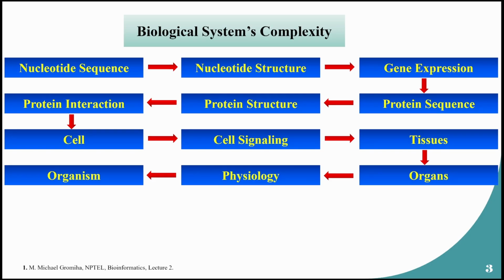You can have the hydrophobicity, hydrophilicity, and so on. Then you have structure prediction for protein and nucleic acids. Then you have protein-protein interactions, protein-nucleic acid interactions as a part of, let's say, cell signaling, right? And in higher order and broader scale studies, for example, tissues, organs related to physiological phenomena, organism, etc., those studies will also generate a lot of data, which can be analyzed by bioinformatics. Essentially, that's the gist of it, right?